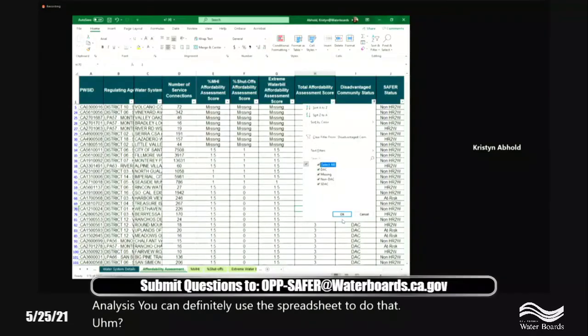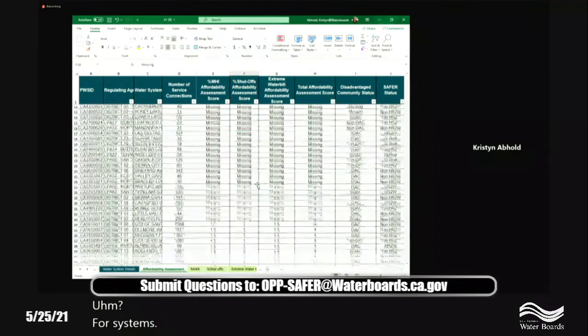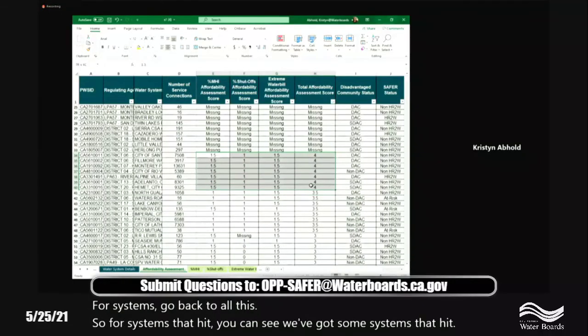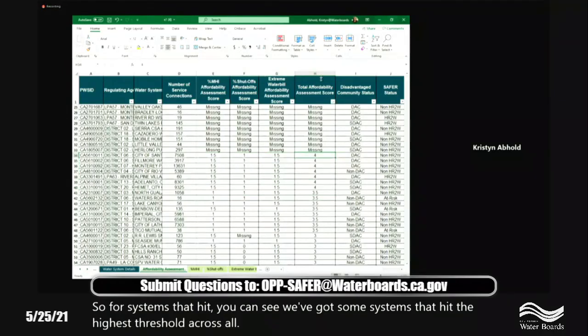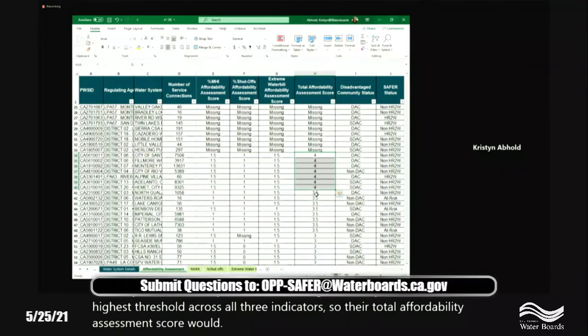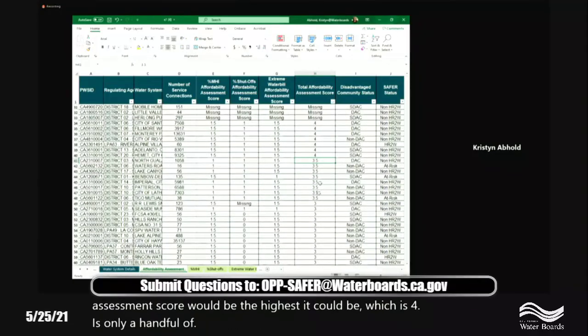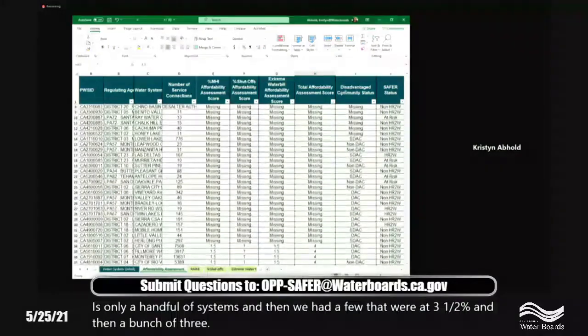For systems that hit, you can see we've got some systems that hit the highest thresholds across all three indicators. So their total affordability assessment score would be the highest it could be, which is 4. It's only a handful of systems, and then we had a few that were at 3.5, and then a bunch at 3. So you can explore that.